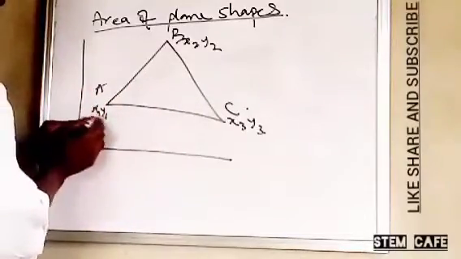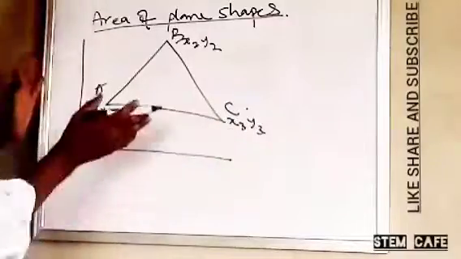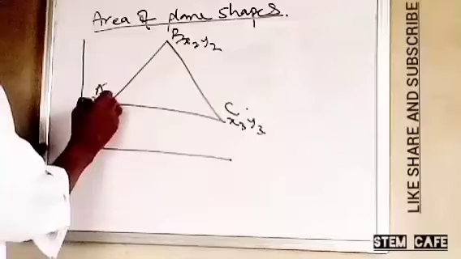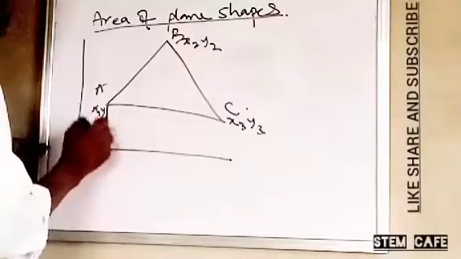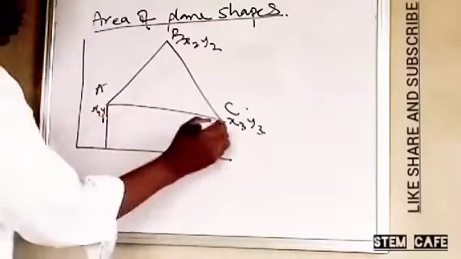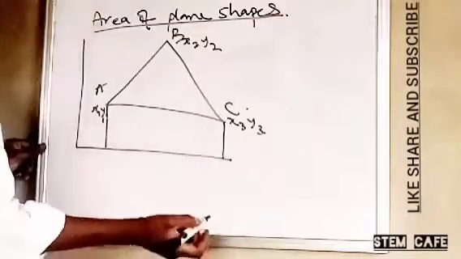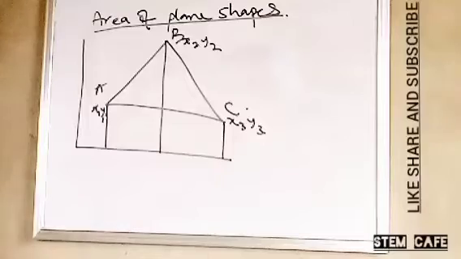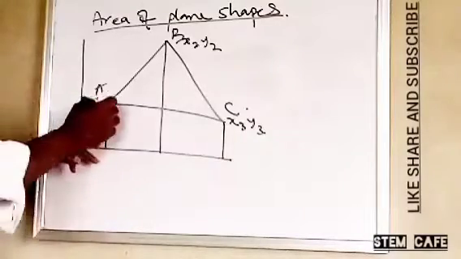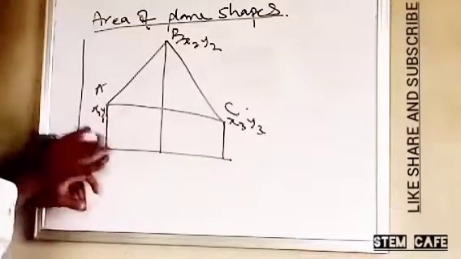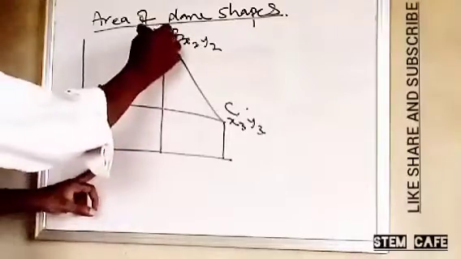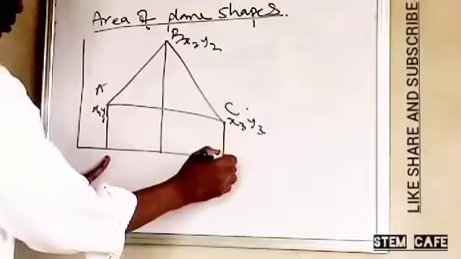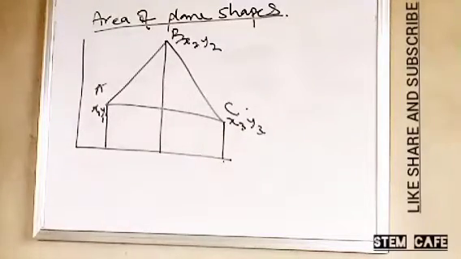If X1 is not equal to X3, you return to knowledge of what you just did now. You break it into different shapes depending on how easy it will be for you. For me now, what I do is I draw this line parallel to the y-axis, and from B down parallel to y-axis, from C down parallel to y-axis.